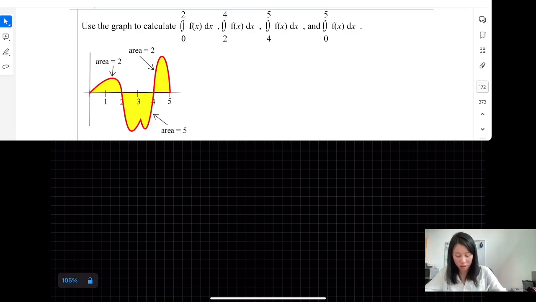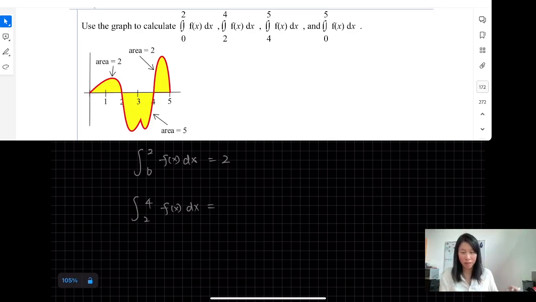So the answer from 0 to 2 integrating f(x) should equal 2. Then from 2 to 4, f(x) is below the x-axis and the area is equal to 5, so this should be negative 5. Remember, below the x-axis should be negative. And from 4 to 5, the integral of f(x) dx equals positive 2.